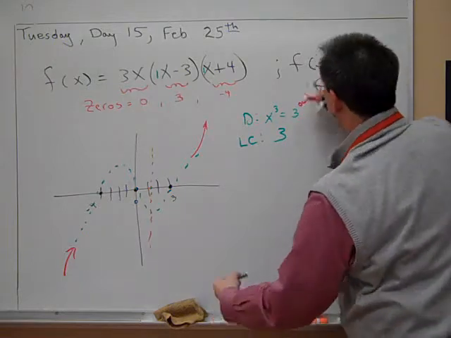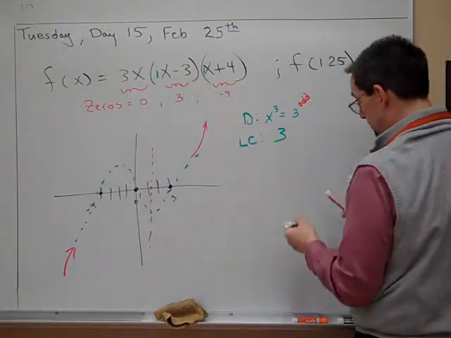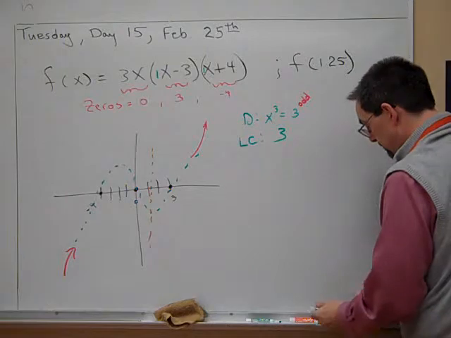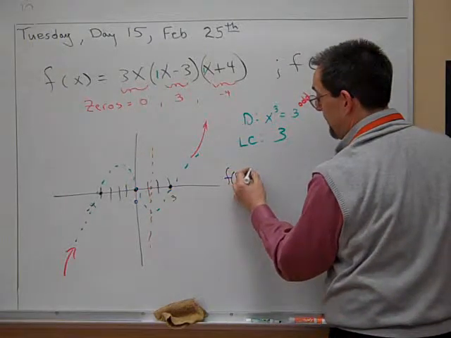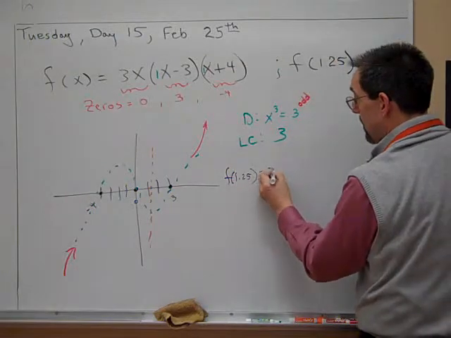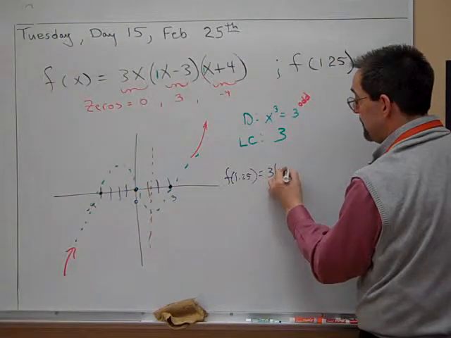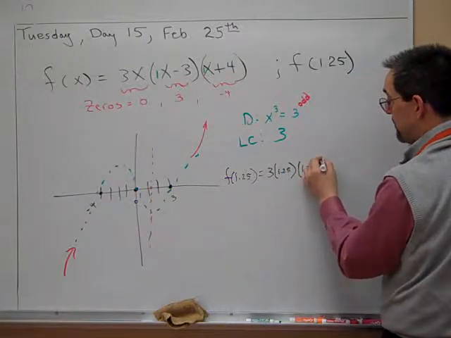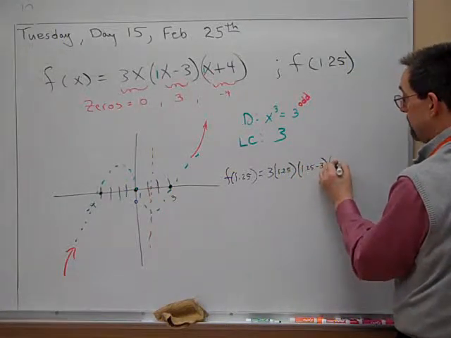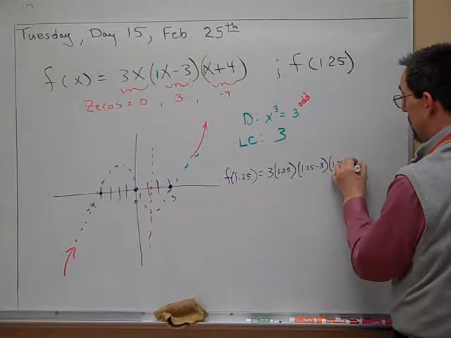Or we could actually put this value into our function. So f of 1.25 is equal to 3 times 1.25, 1.25 minus 3, and 1.25 plus 4.